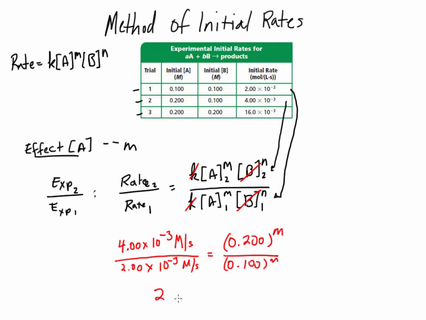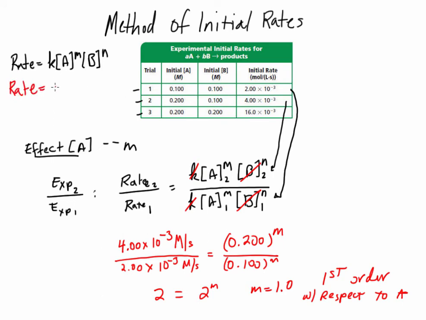This comes out to be 2 to the m power, and hopefully it's obvious that m is equal to 1. So we say that this is first order with respect to A. Therefore, up here I can rewrite my rate as equal to k [A] to the first power.